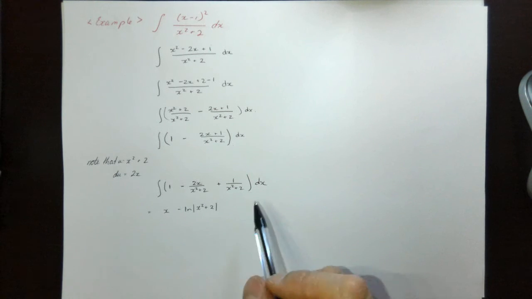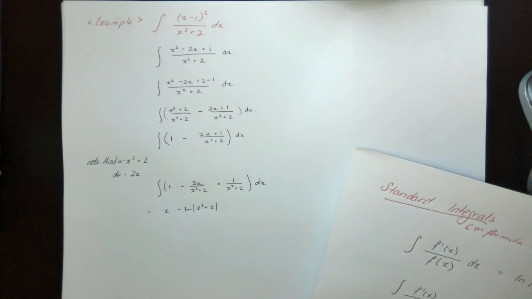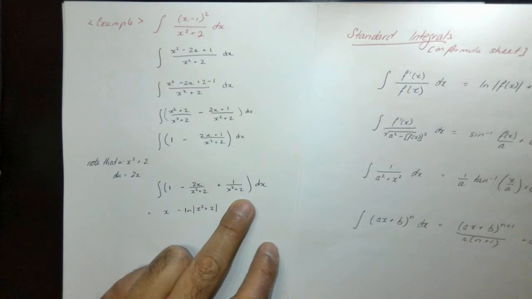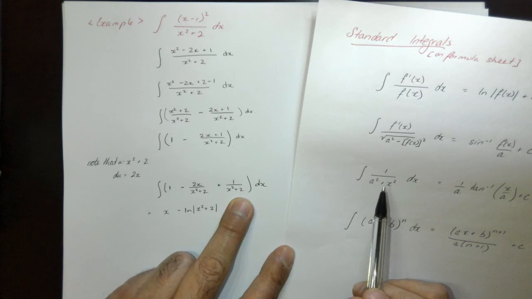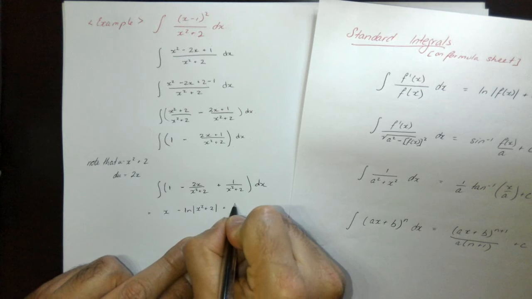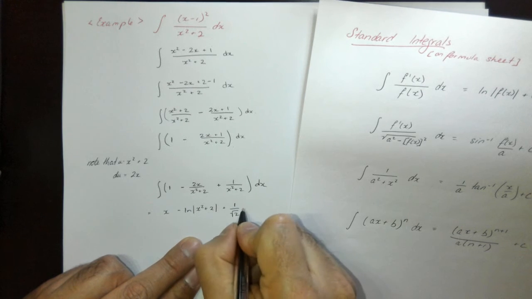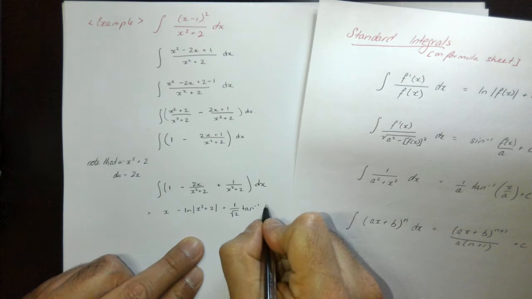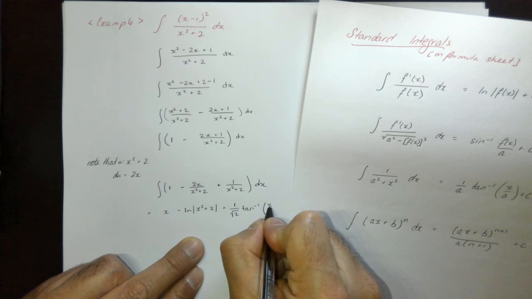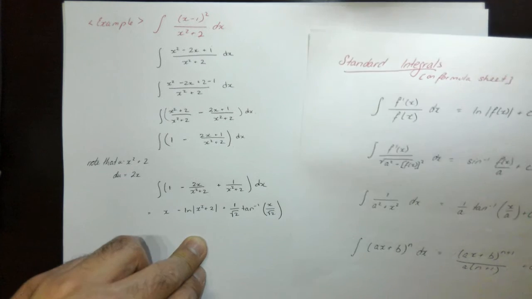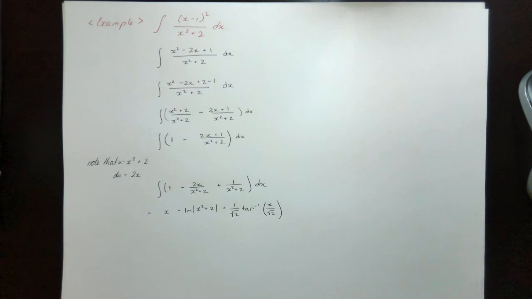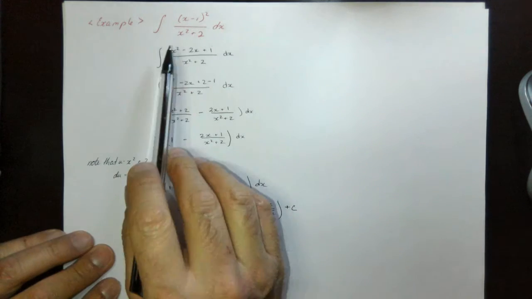And when you have 1 over x squared plus 2, it means we're going to have 1 over root 2 inverse tan of x over root 2, plus c.